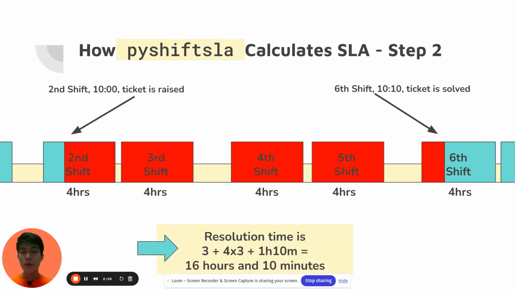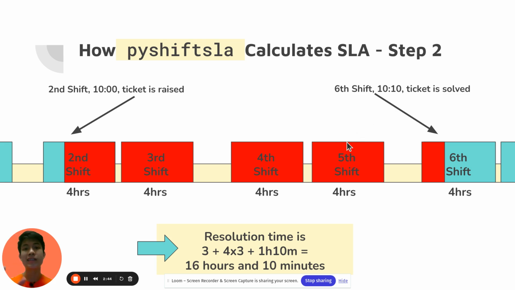So we come back to the original problem. Say a ticket is raised at the second shift at 10 a.m., and then at the sixth shift, that ticket is closed or resolved.